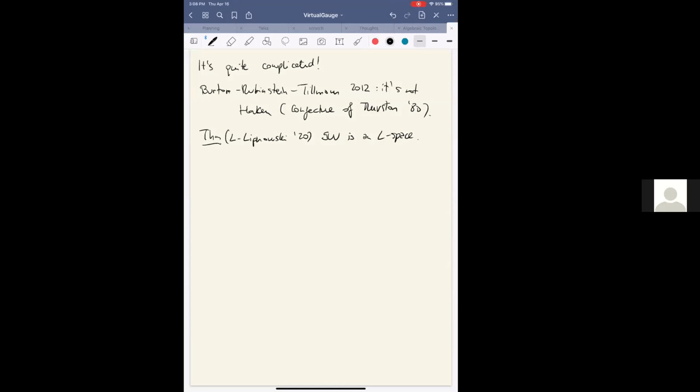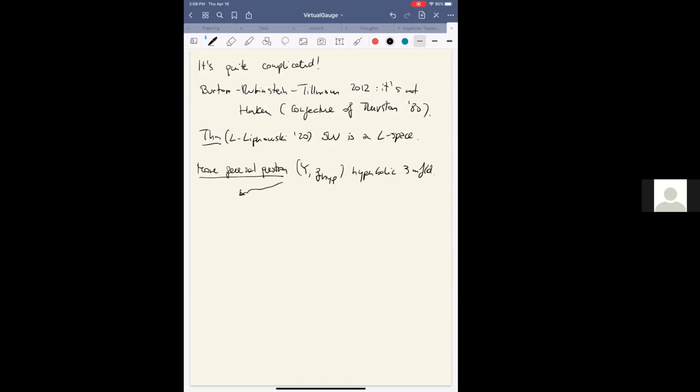So a more general question that Michael and I have been thinking about recently: if you have a hyperbolic three-manifold, then you can build two kinds of invariants.